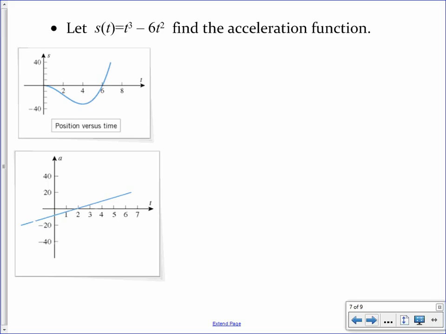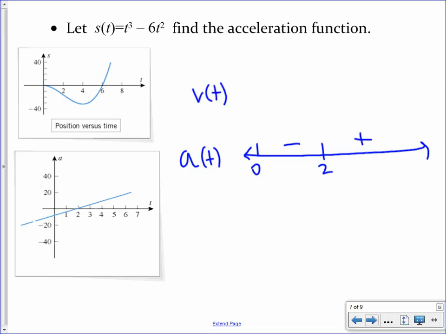If we make a sign chart here, we start at 0. At 2, we go from negative to positive acceleration. And for velocity, when were we moving to the left? 0 to 4. And to the right was 4 on.